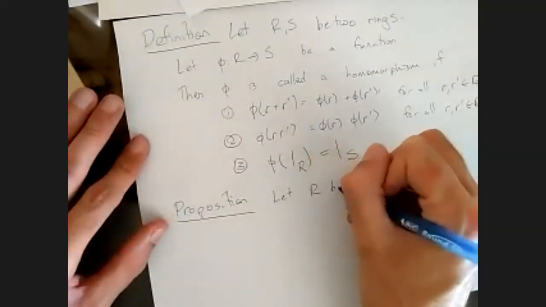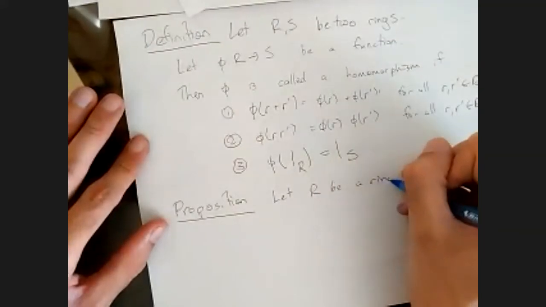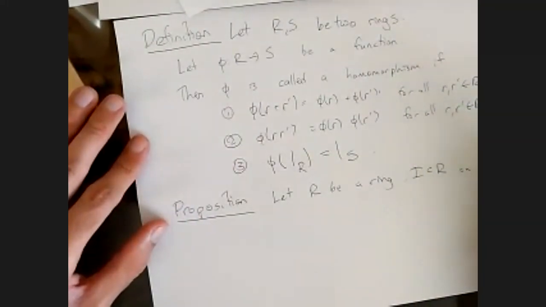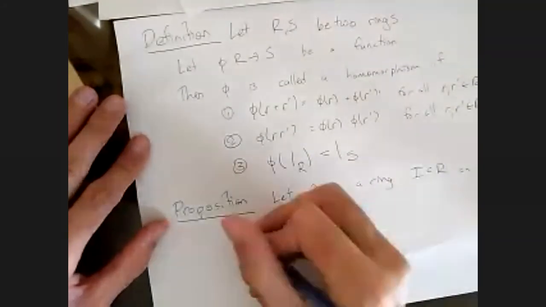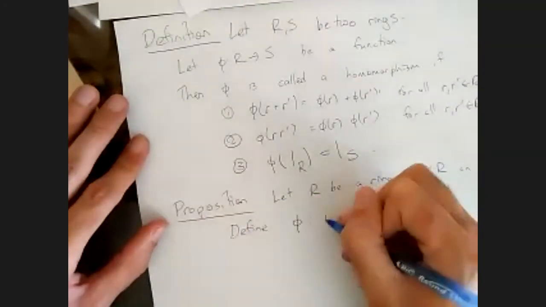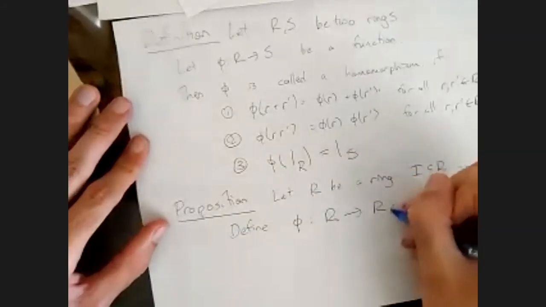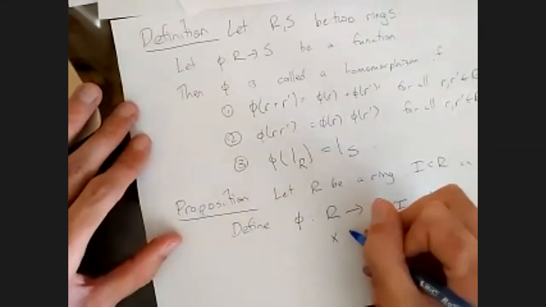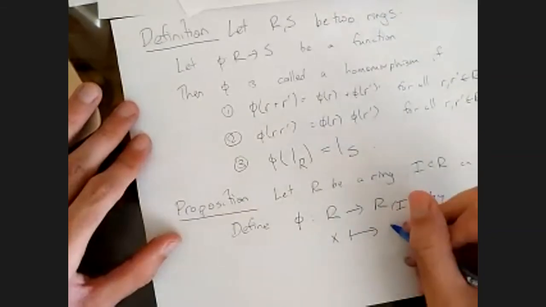let R be a ring, and I an ideal. And let's define phi from R to R mod I by, well, we map x, an element of the ring, to the coset of x.